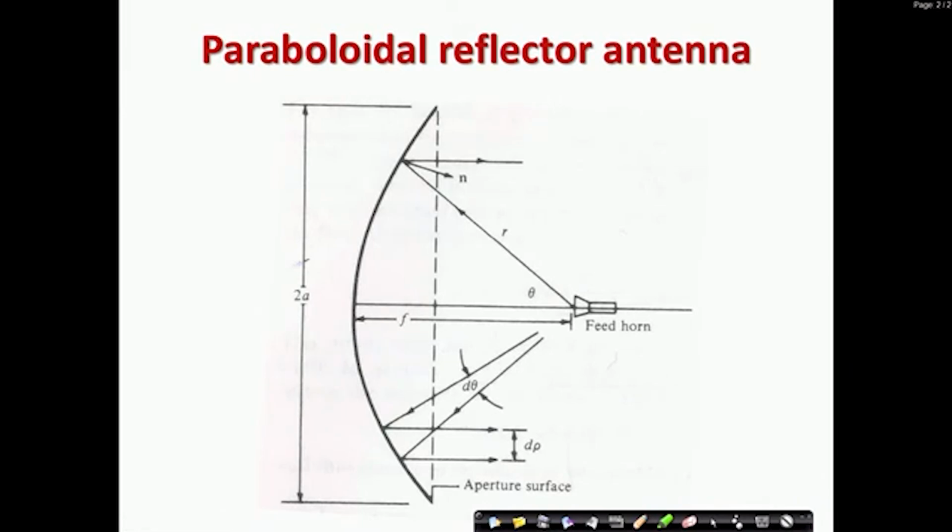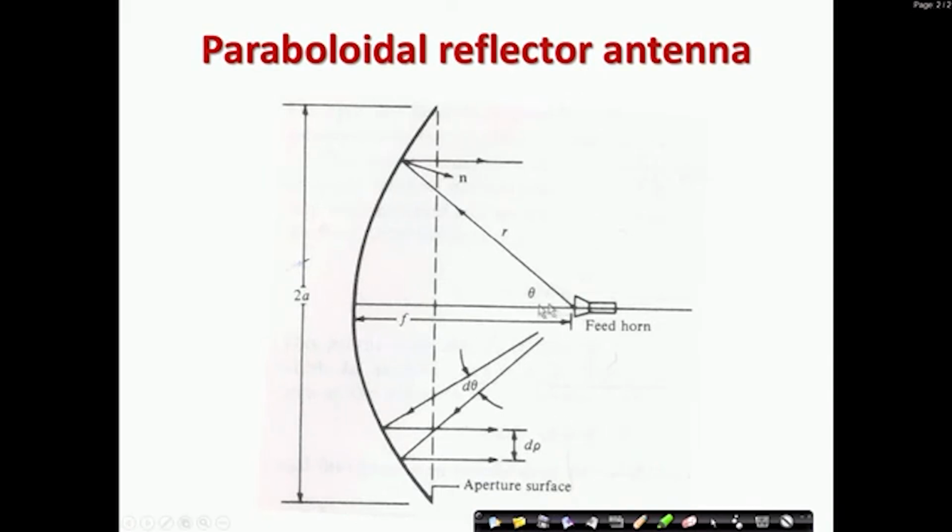Now, that is what will happen. What we are saying is that it is having very high power in these 90-degree directions, and very small power here, minimum radiating.